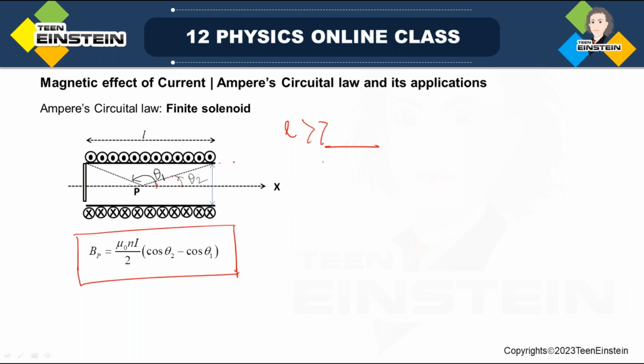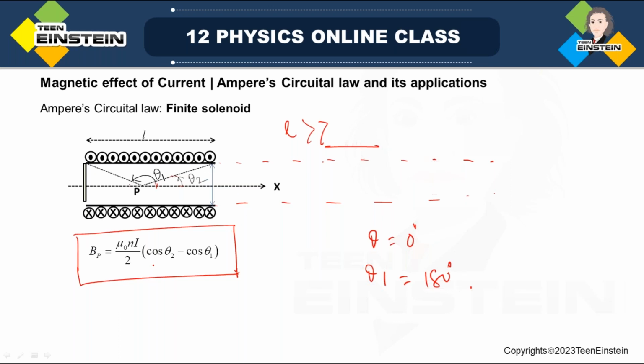So if this length L is much greater, then this will go a very, very long distance. Then this theta 2 is going to be 0 degrees, and this theta 1 is going to be 180 degrees.